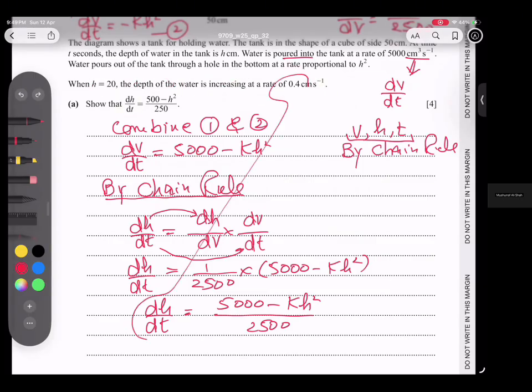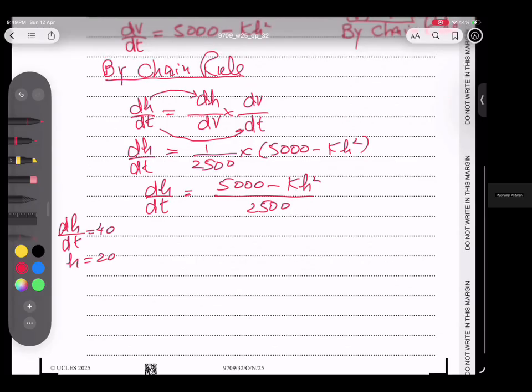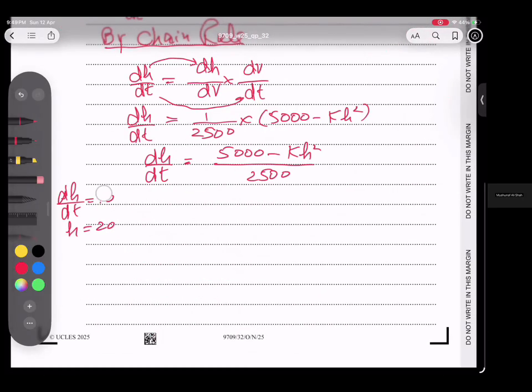I'm going to copy this here, and 20 in the place of h. So I'm putting dh/dt, sorry, 0.4, not 40, 0.4, and height is 20. So 0.4 equals (5000 minus k times 20 squared) over 2500.